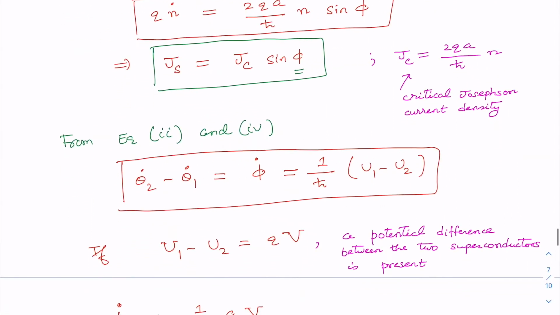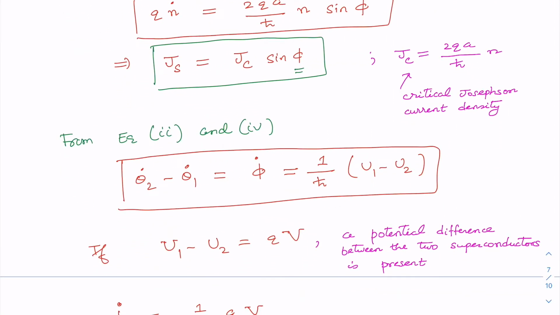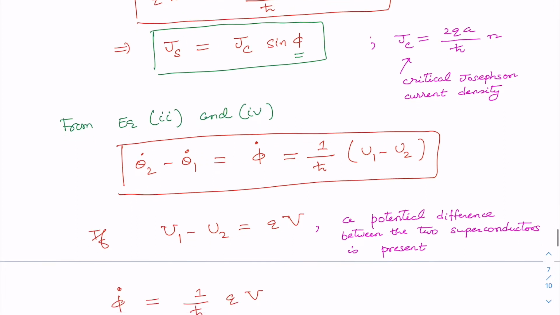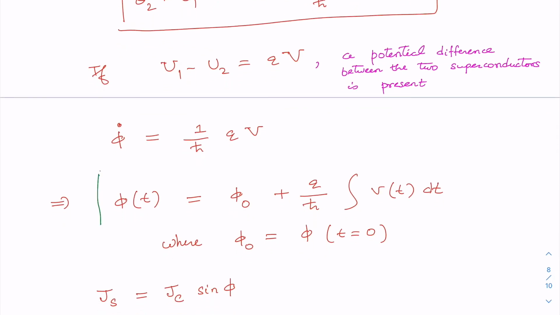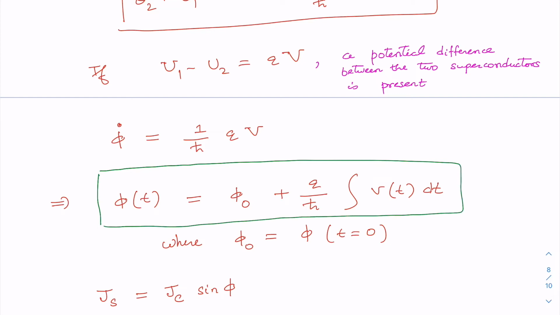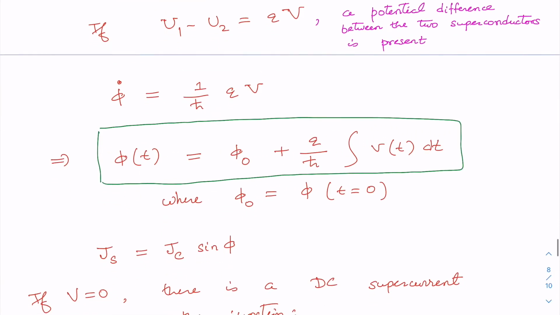Another expression we got relates how the temporal evolution of the phase depends on the difference in the ground state energy. If there is a potential difference between the two superconductors, then the phase difference is given by this expression, where phi 0 refers to the DC phase.